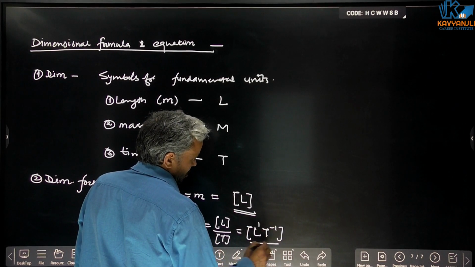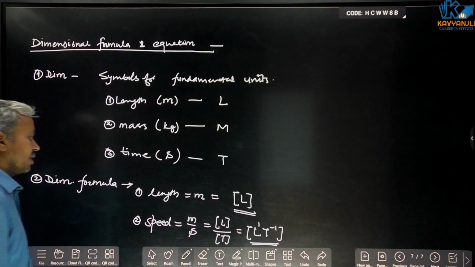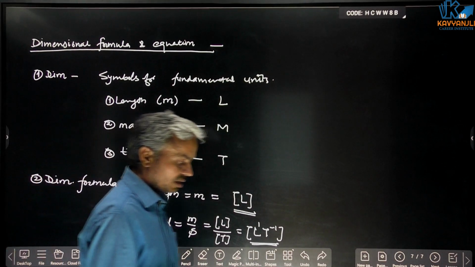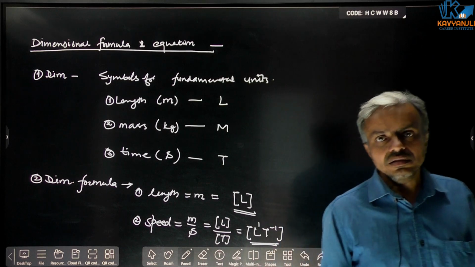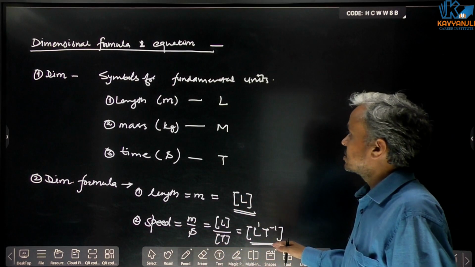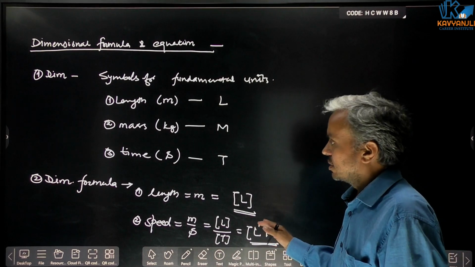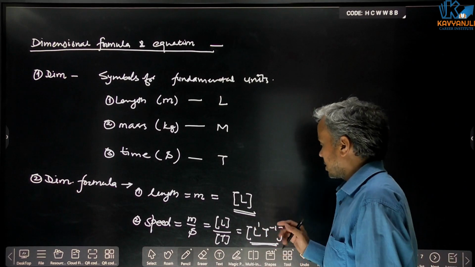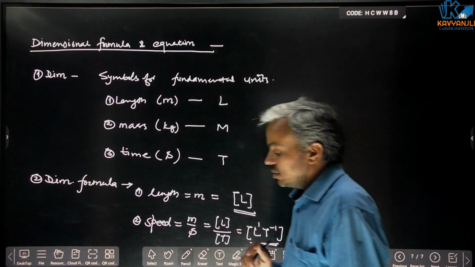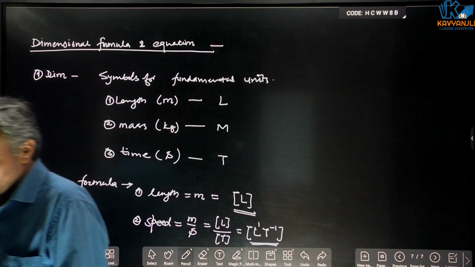So this is called the dimensional formula for speed. So what is a dimensional formula? When you write any physical quantity in terms of the symbols of fundamental units, then this symbolic representation is called the dimensional formula. What is a dimensional equation?